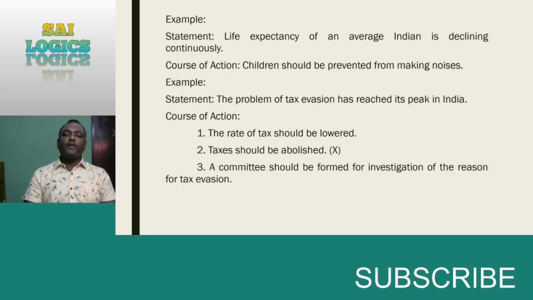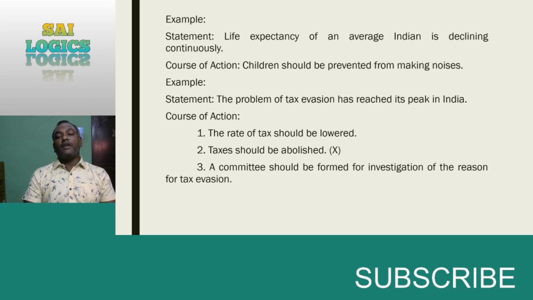Of course, this may also be a correct course of action, because once taxes are abolished, there will be no issue of tax evasion in future. But if this is done, where will the government get money for developmental activities? So this option number 2 may be solving the issue totally, but at the same time it is giving rise to a new problem: money for the government is not available.